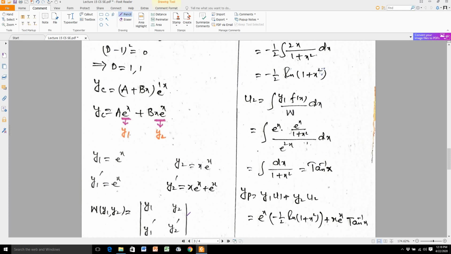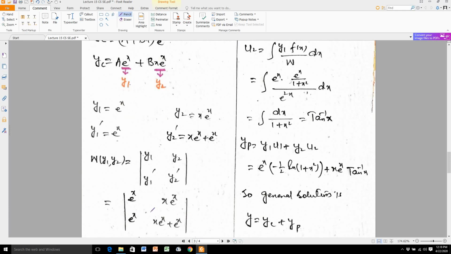Now I want to compute the Wronskian of y1 and y2. Here y1, y2, y1 prime and y2 prime, and now I am substituting the values of these functions. You see here e raised to the power x, x e raised to the power x. Here again e raised to the power x, then x e raised to the power x plus e raised to the power x.